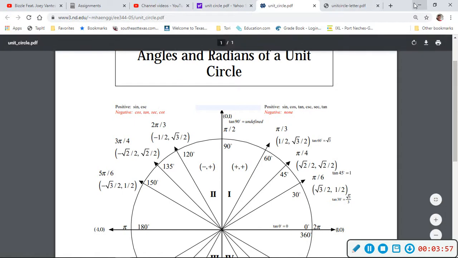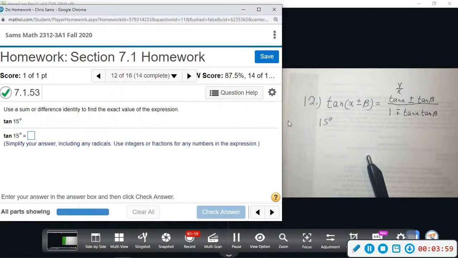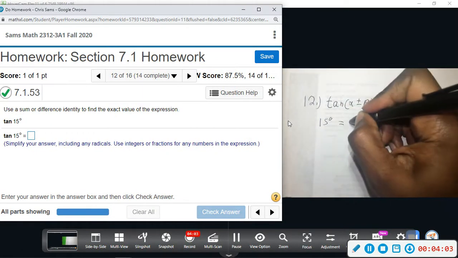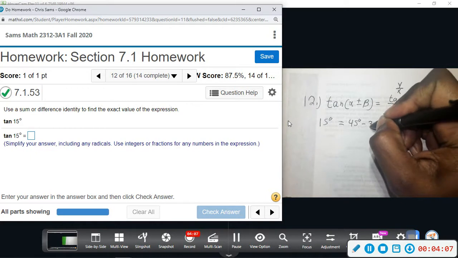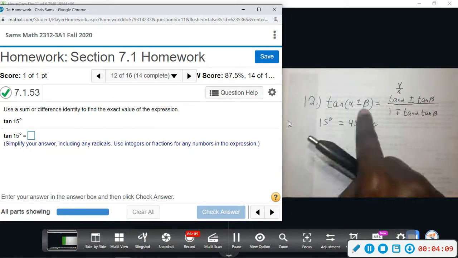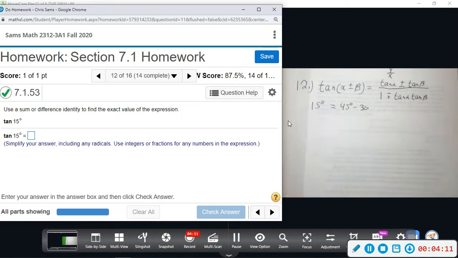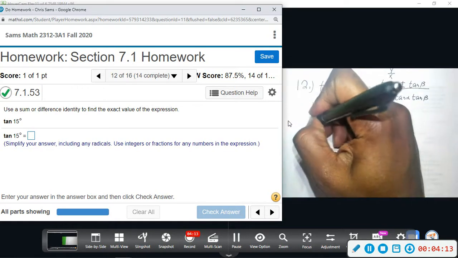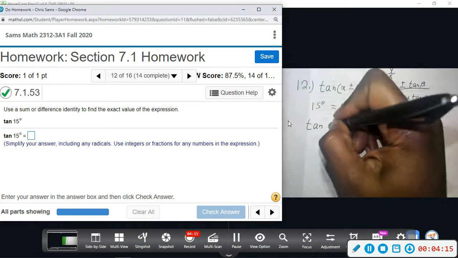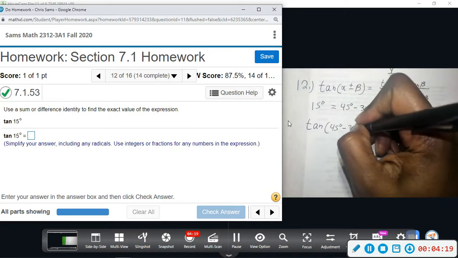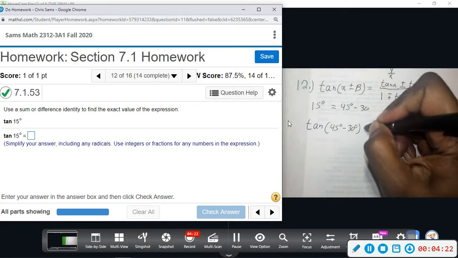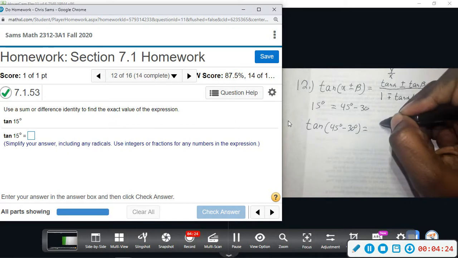So let's actually start to plug this into the formula. What I'm going to use is 15 equals 45 minus 30. So I'm going to start writing the formula like that. Tangent of 45 minus 30 equals tangent of 45 minus tangent of 30.